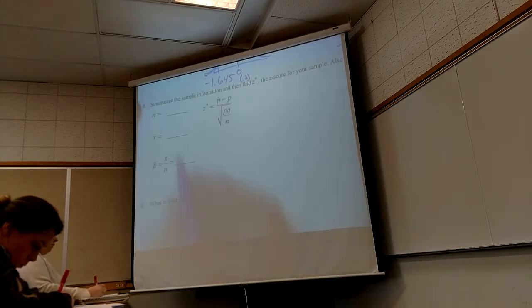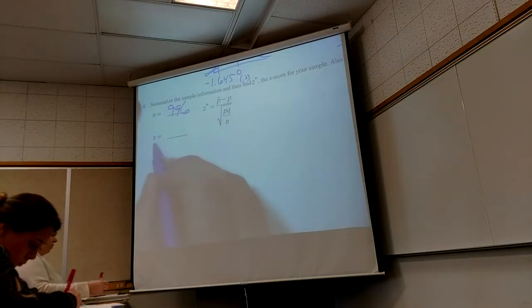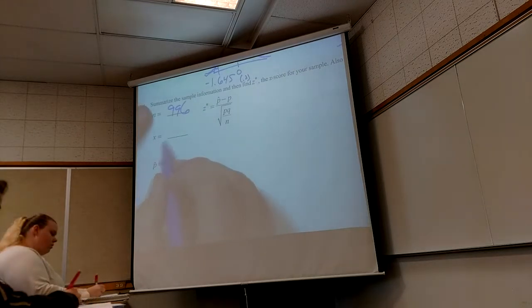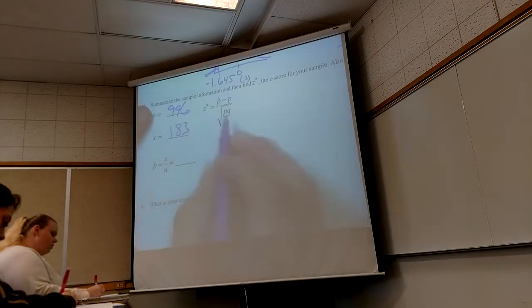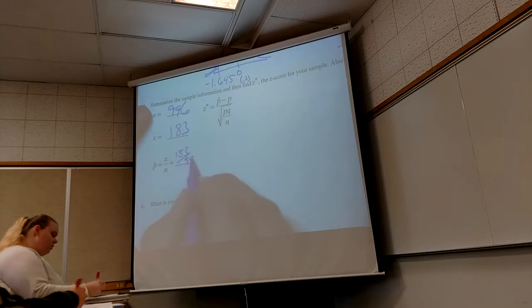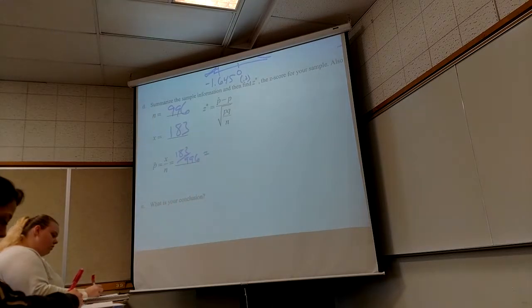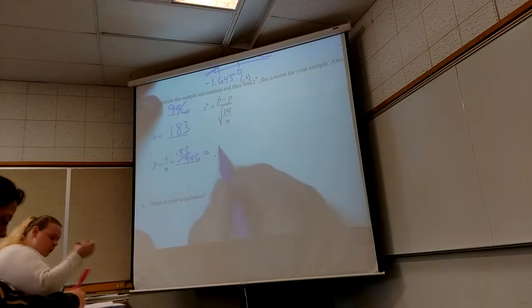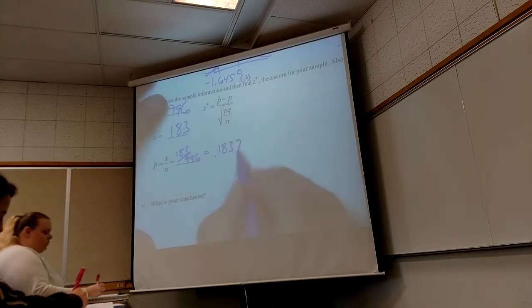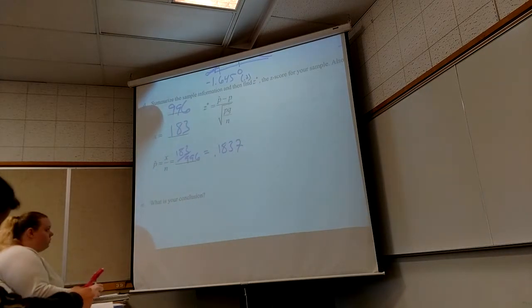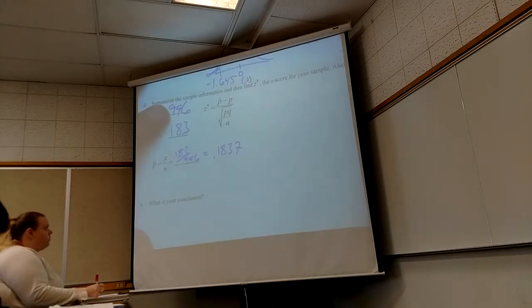So we know n is 996. We know x, the number of successes, is 183. So 183 out of 996 gives me a p hat of 0.1837.